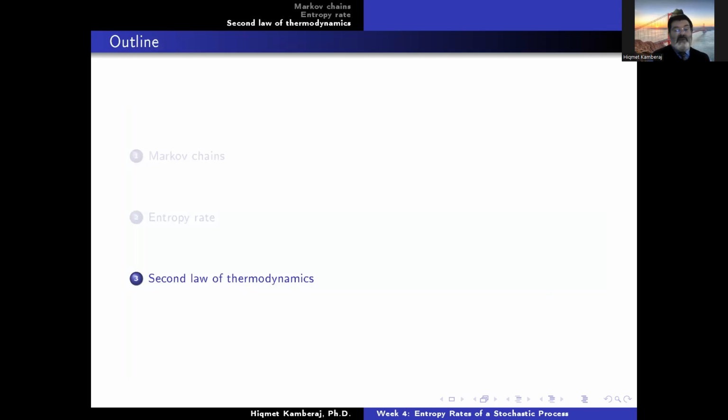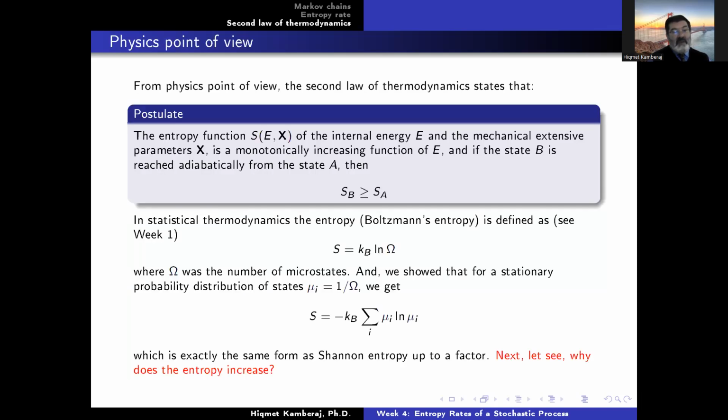Now, next, I'm going to talk about the second law of thermodynamics and how this connects to the information theory that we have discussed so far. We give first the physics point of view. From the physics point of view, the second law of thermodynamics states the following.